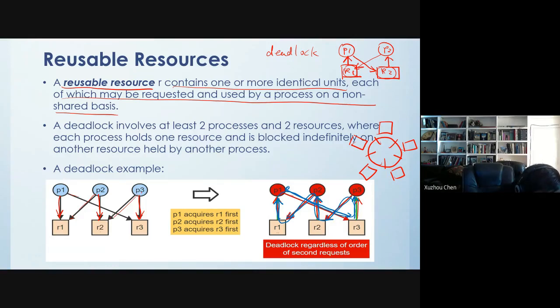This philosopher is currently holding this fork and requesting this fork. And this one is holding a fork and requesting the right fork. This one is holding the left fork and requesting the right fork. This one is holding the left fork and requesting the right fork. This one is holding the left one, requesting the right one.